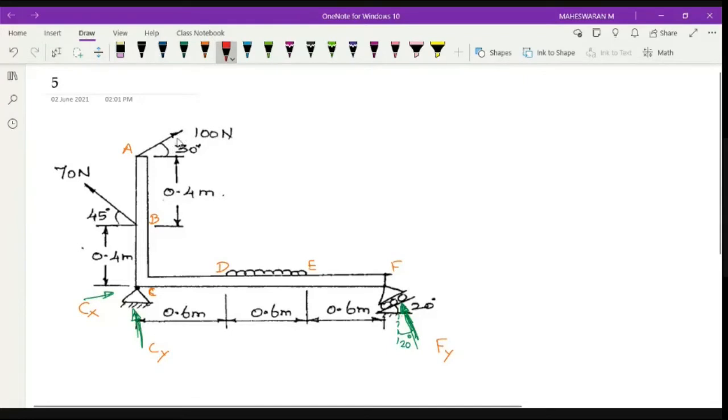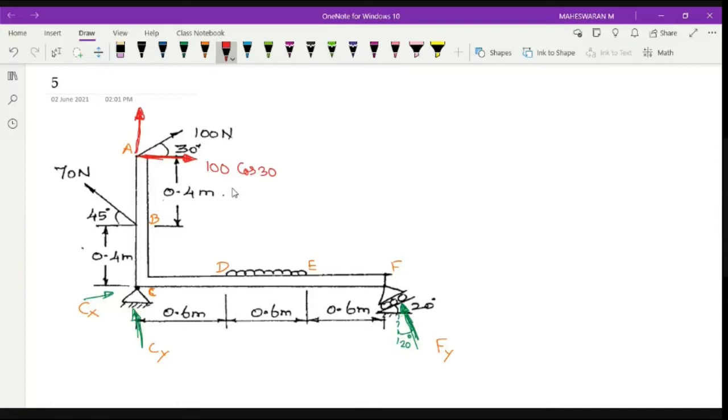First, this 100, I am resolving it. I will get 2 components, one like this, another one like this. So this is bringing it downwards. Your angle is decreasing, so cos. So this is 100 cos 30.